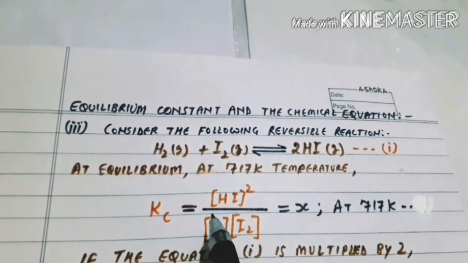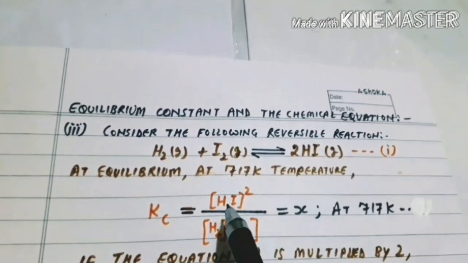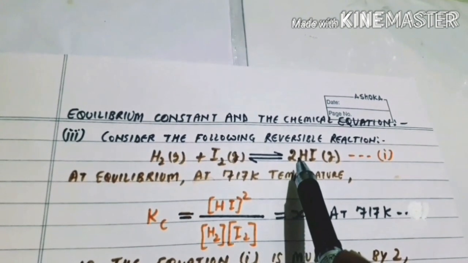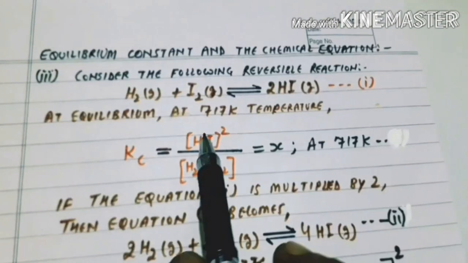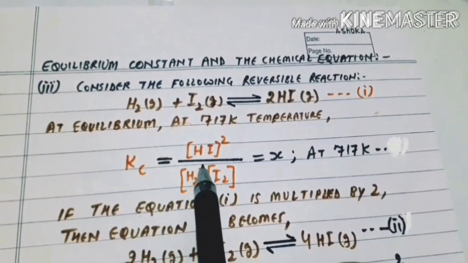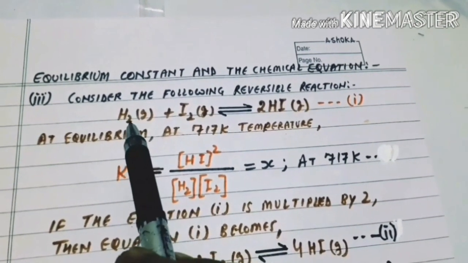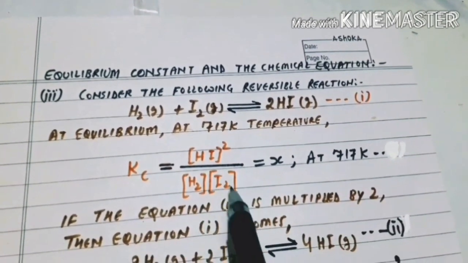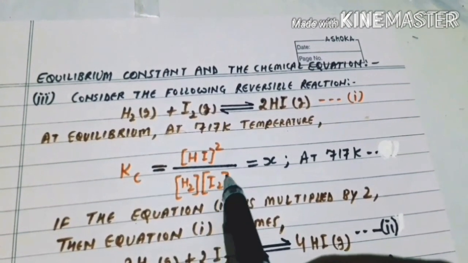So it is given by the concentration of hydrogen iodide product in mole per liter raised to power 2. So here power 2 is equal to its stoichiometric coefficient in the balanced chemical equation 1, over the concentration of reactant hydrogen gas in mole per liter raised to power 1. So here power 1 is the stoichiometric coefficient of reactant hydrogen gas in the balanced chemical equation 1, into the concentration of reactant iodine gas in mole per liter raised to power 1.